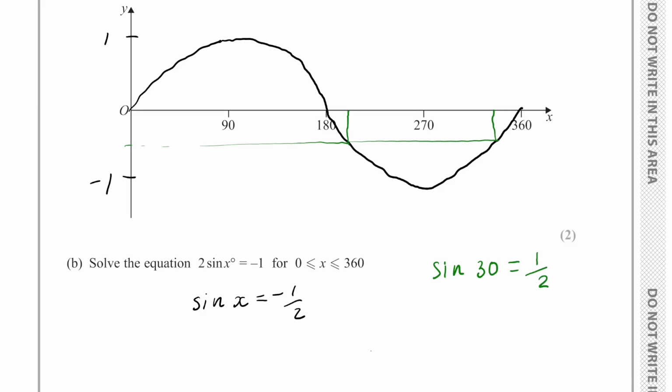So we kind of use the symmetry of the graph. So that's a half, that's 30 and 150. So using the symmetry of the graph, we say it's 30 bigger than 180 and 30 less than 360. So it's going to be at 210 and 330.